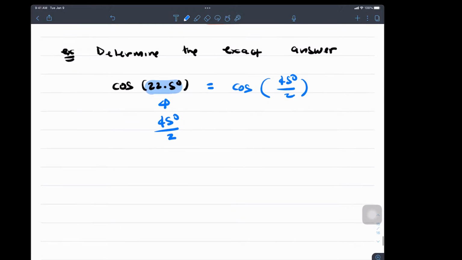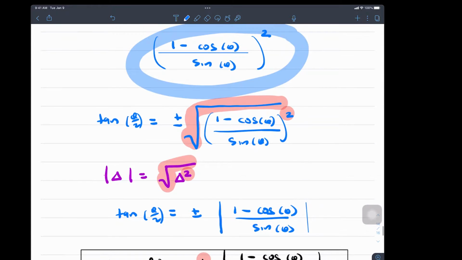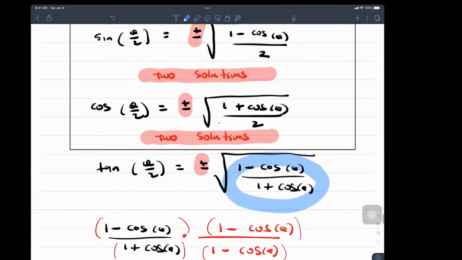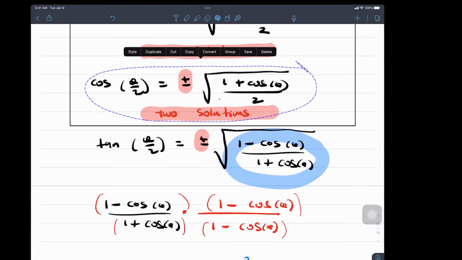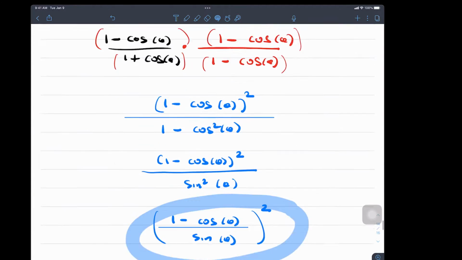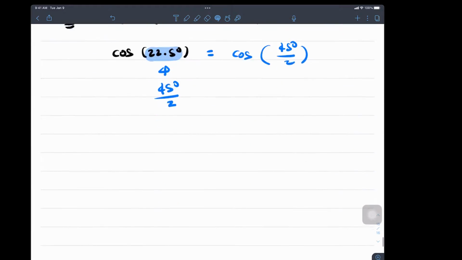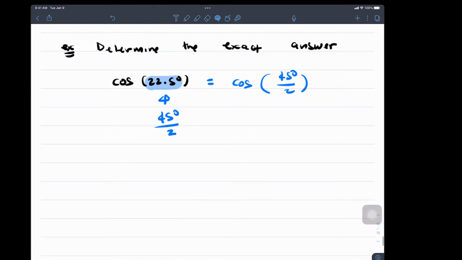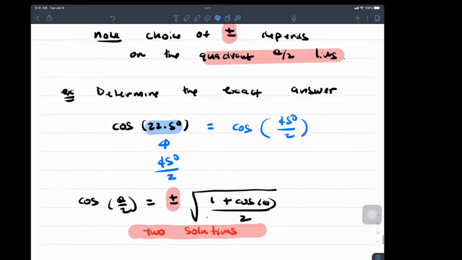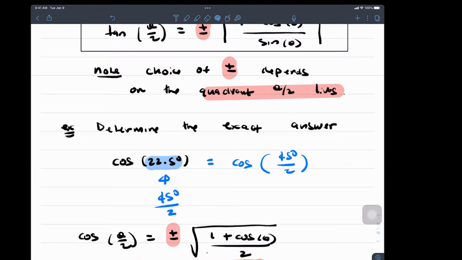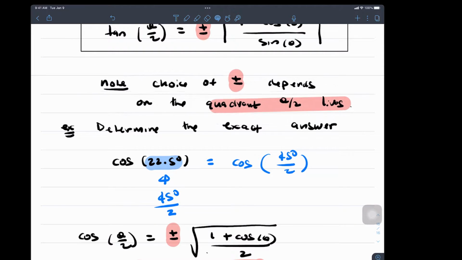So if they want you to do that, you might say, I have to go to cosine half angle. Is that right? And notice, what is cosine half angle? Here's a half angle formula. And then remember what I just said. Your choice of sign depends on this.